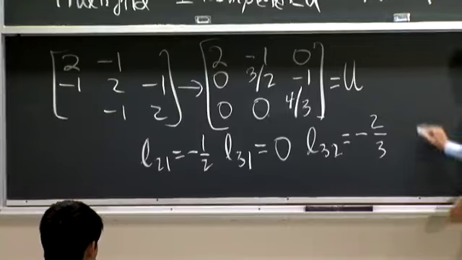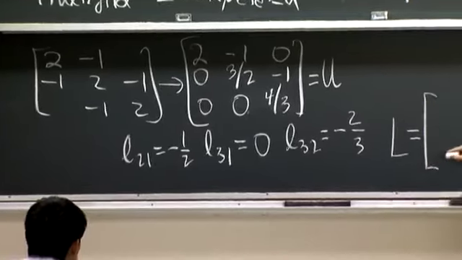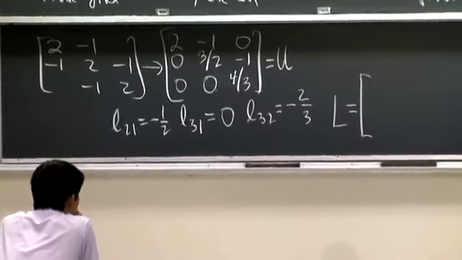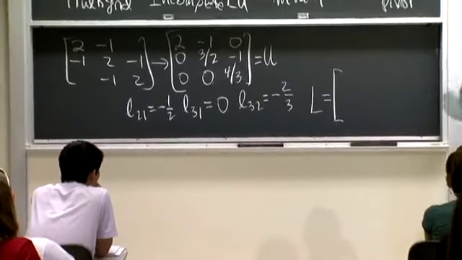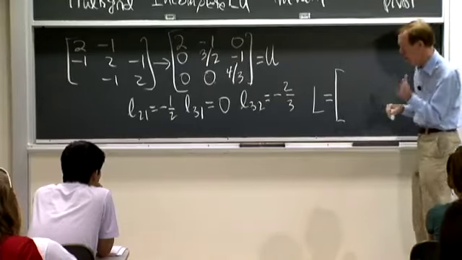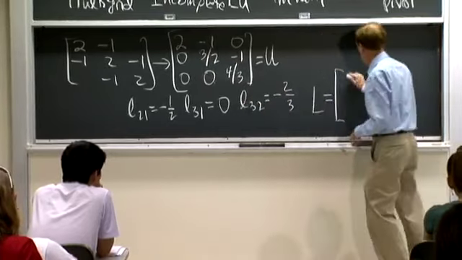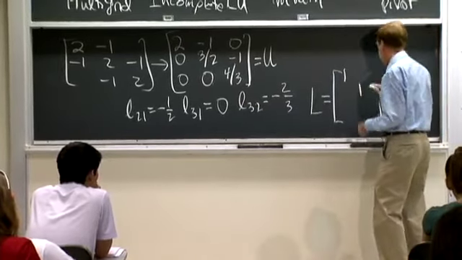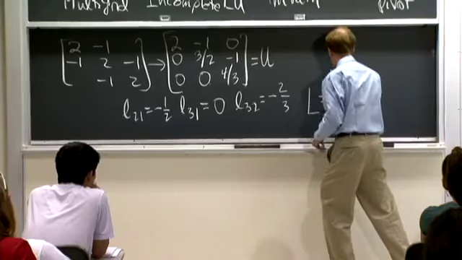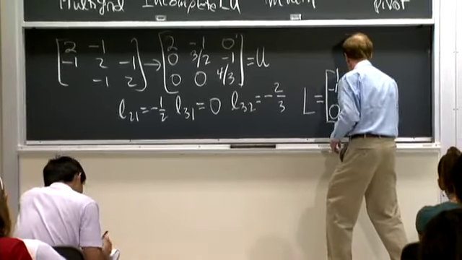And our L matrix will be, that's the point. That these L's, these multipliers, fit right into a lower triangular matrix. All these multipliers, and we'll put ones on the diagonal of that guy. And these lower triangular ones will fit in just right perfectly in there.